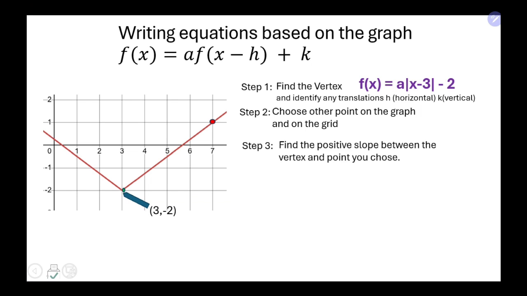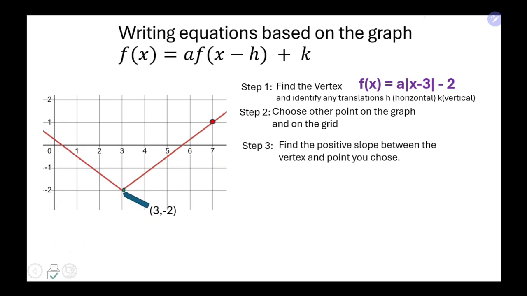Okay, so that's step 3 for absolute value. So I am going to find the slope for the positive side, where the slope is positive. Remember, a positive slope goes up from left to right. This is a positive slope. So I am going to work on this side. So I am going to do a right triangle, and I am going to count the boxes.